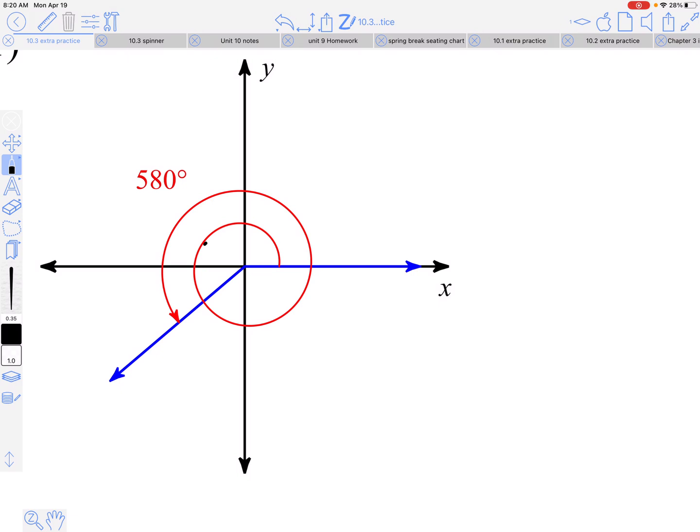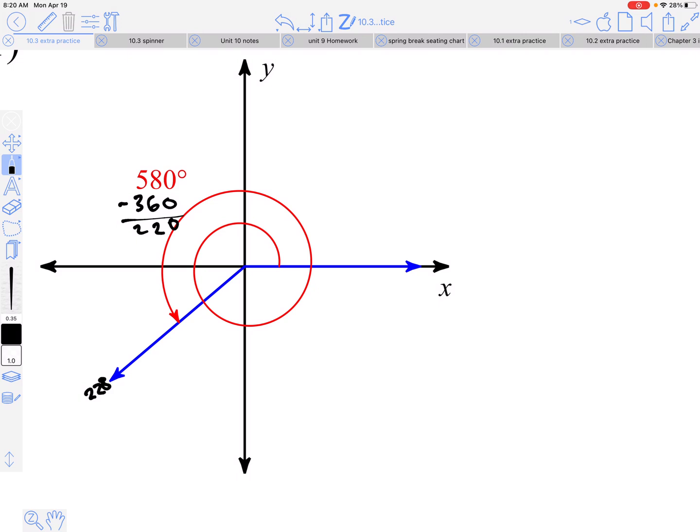So we spun counterclockwise, as you can see, which is good. So we know that obviously it's a positive 580. So what I'm going to do is I'm going to minus 360 here, right? So I'm going to kind of simplify this down. Minus 360, 0 minus 0, 0, 8 minus 6 is 2, 5 minus 3 is 2. So a coterminal angle that would be a little bit easier to work with is 220 degrees, right?